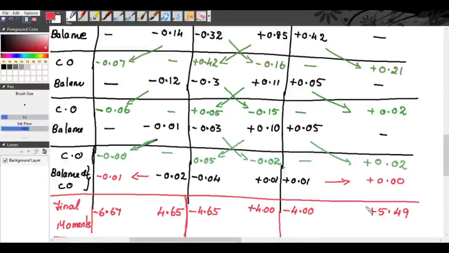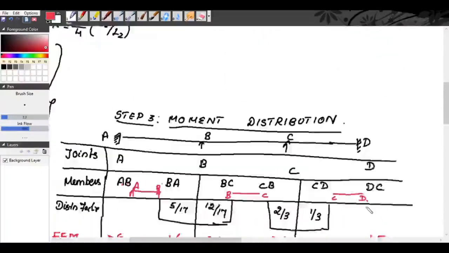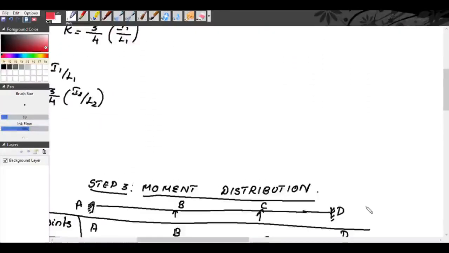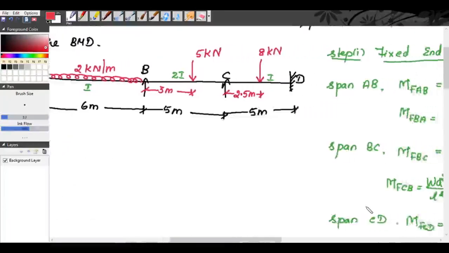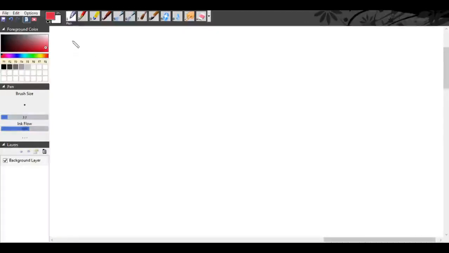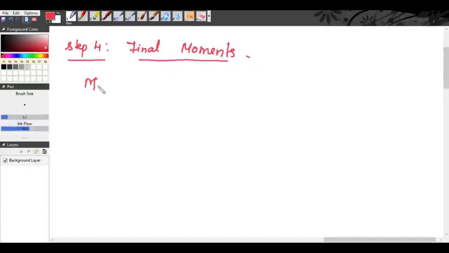So now we will write our step 4, our final moments. We will write here so that it will be easy for us. So step 4 is final moments. We have obtained our final moments as MAB is equal to minus 6.67 kilonewton meter.